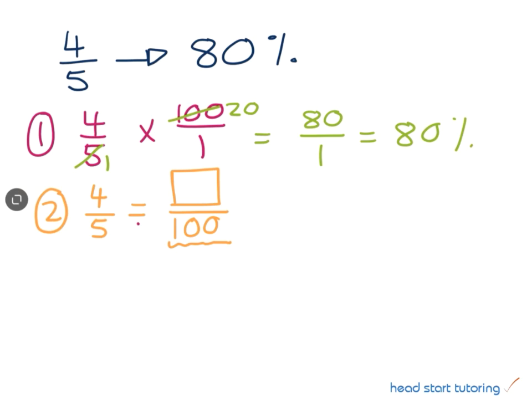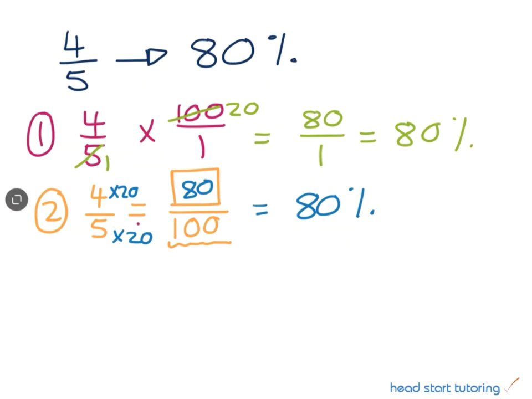So what do I multiply 5 by to get to 100? I multiply 5 by 20 to get to 100, and I therefore have to multiply my 4 by 20 to get an equivalent fraction of 80 over 100. So as I mentioned earlier, as soon as you've got your denominator to be 100, your numerator will automatically be your percentage. So again, we've got 80%. So as you can see, you can use either option 1 or option 2.